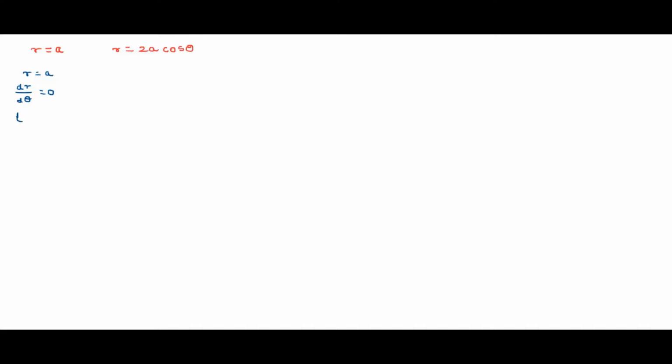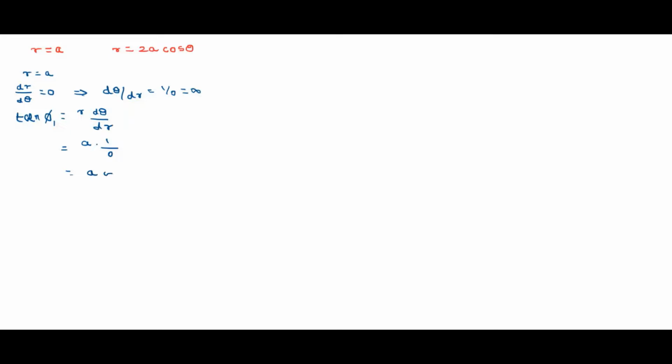Now find the value for tan phi 1. Tan phi 1 is equal to R into d theta divided by dr. Substitute the value. The value of R is equal to A, and d theta by dr is 1 divided by 0, because dr by d theta is equal to 0. And 1 divided by 0 is infinity.